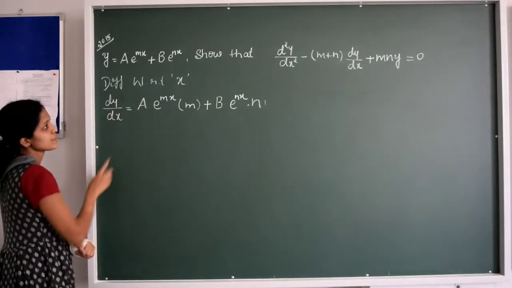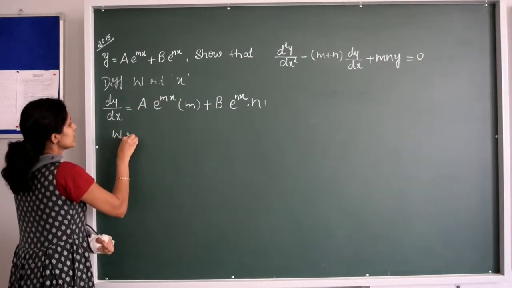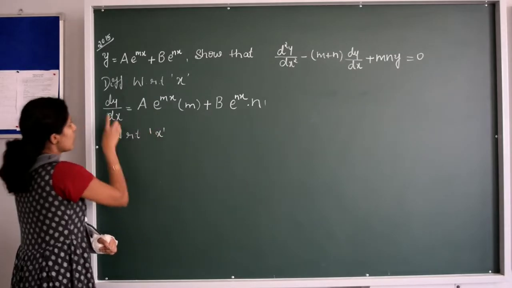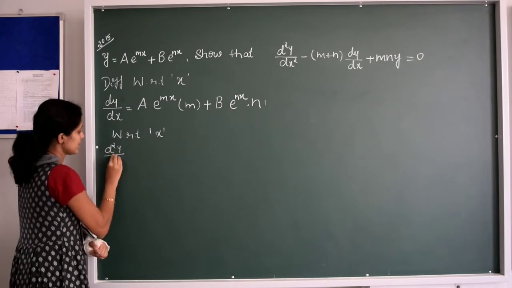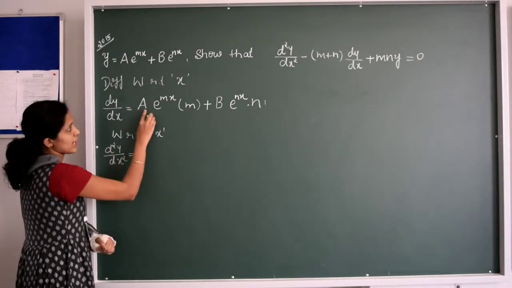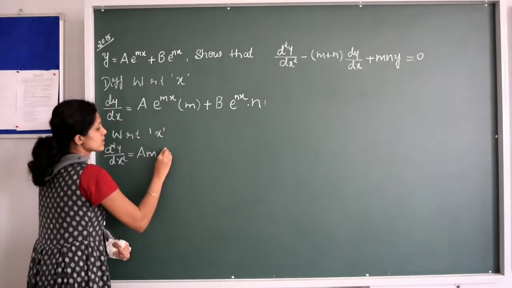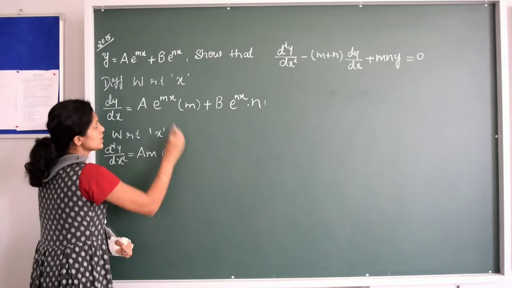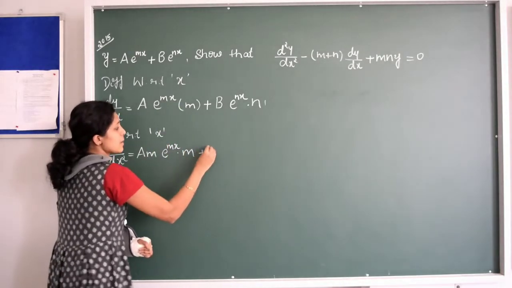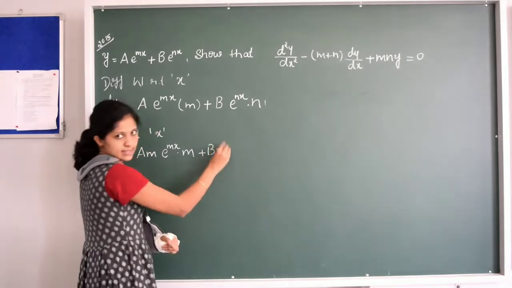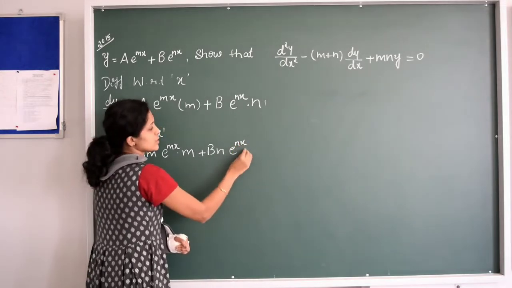So we got dy by dx, but we need d square y by dx square also, so we will differentiate again with respect to x. Okay, now differentiating with respect to x, d square y by dx square is equal, I'll write a and m as it is because those are the constant ones, e to the power mx. So this is now e to the power mx into derivative of this one, m into x will be equal to m, right, plus b into n is constant, we'll write as it is, and e to the power nx, that is e to the power nx, and derivative of this will be n.